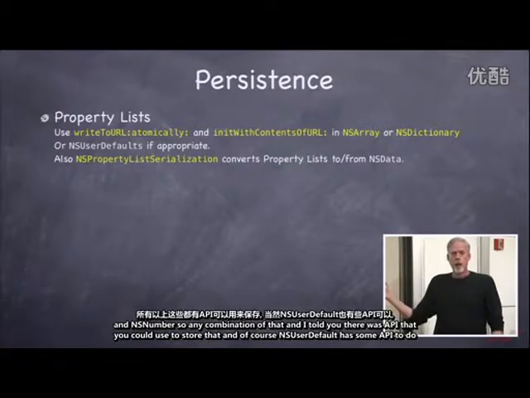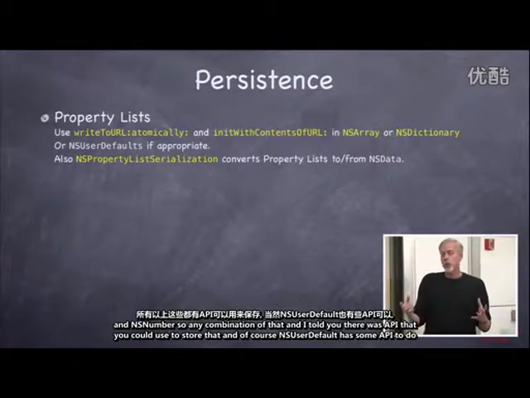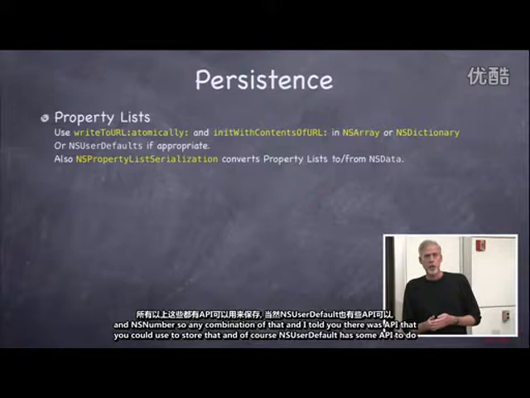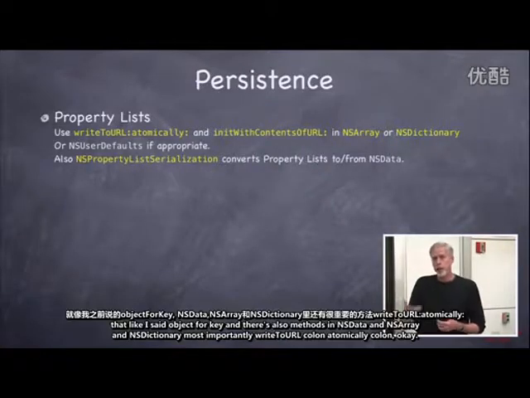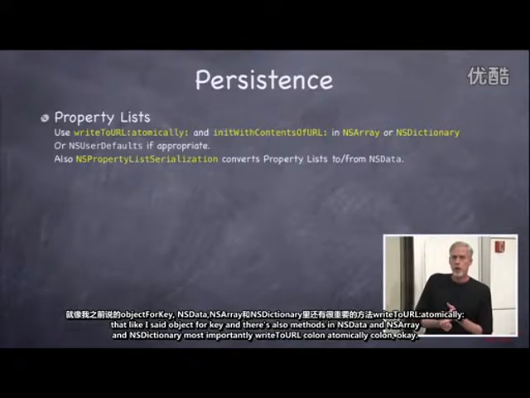So any graph, any combination of that. And I told you there was API that you could use to store that. And of course, NSUserDefaults has some API to do that, like setObject:forKey:. And there are also methods in NSData and NSArray and NSDictionary. Most importantly, writeToURL:atomically:, okay?